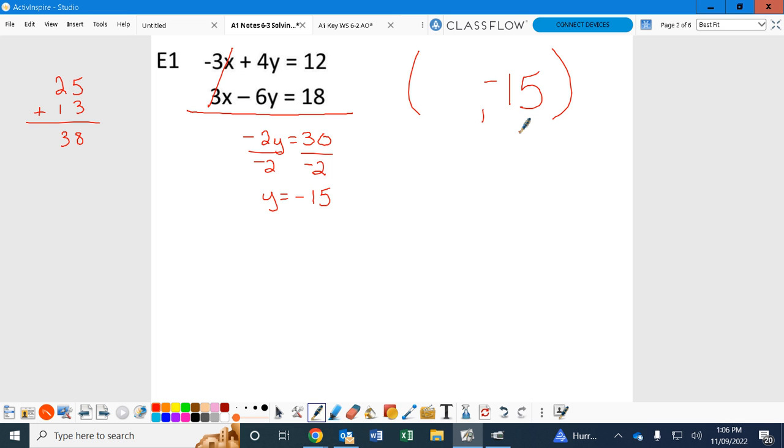And what's unique about this is because you don't have a box to plug it into, you can plug it into either one of your equations. Doesn't matter. I'll plug it into the first one this time and the second one next time. Here we go. Negative 3x plus 4 times negative 15 equals 12. I'm plugging it into the y in this first equation.